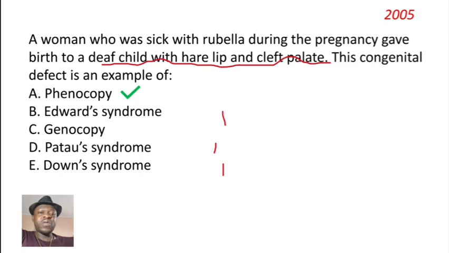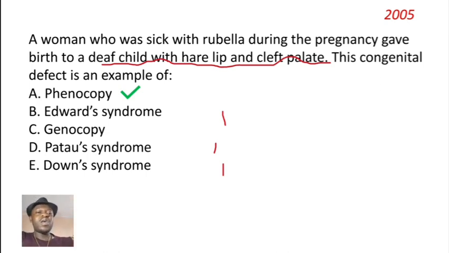You just need to know, for example, Edward syndrome is trisomy 18 plus. Okay, so you say this one, Edward syndrome 18 plus, Down syndrome 21 plus, and you will be left with Patau. So Patau will be 13 plus. So 13, 18, and 21 are the most common ones, right?